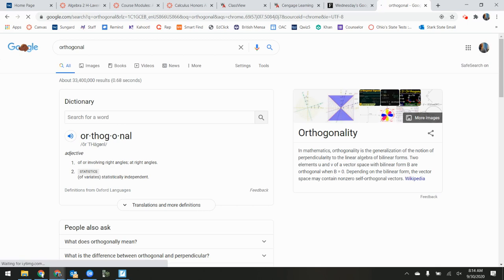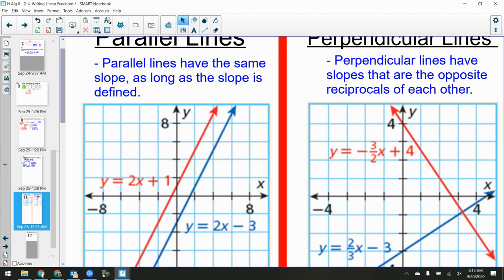Oh, I did spell it wrong. That was close. But that's just a really fancy way to say perpendicular. But anyway, opposite reciprocal slopes.